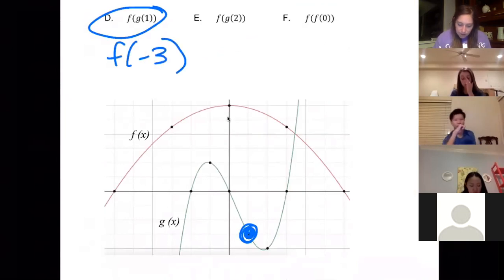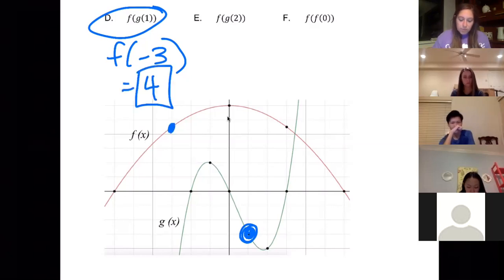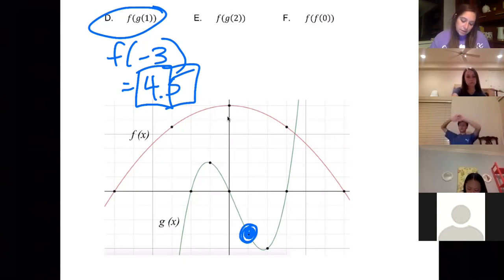And then, so now I've replaced G of 1 with negative 3, then I'm going to go to negative 3 and up to 4. So my final answer would be positive, well, I guess that's like 4 point something. 4.5-ish. Okay. I would probably accept anything from like 4.1 to 4.8. So something like that. Perfect. Thank you. You're welcome.